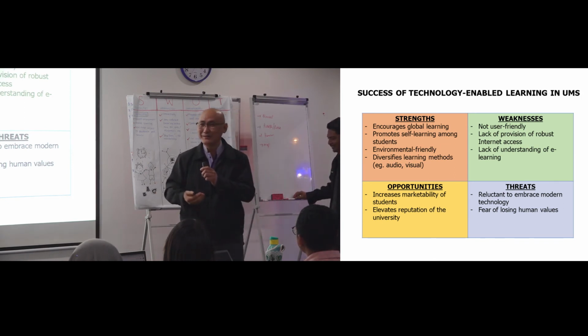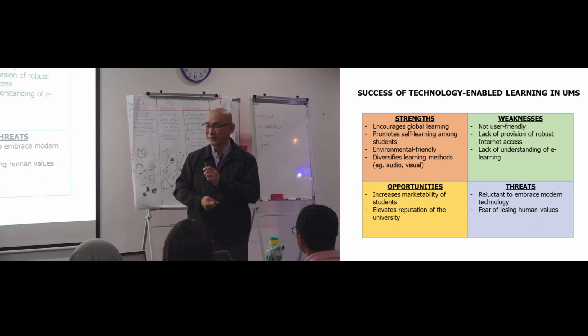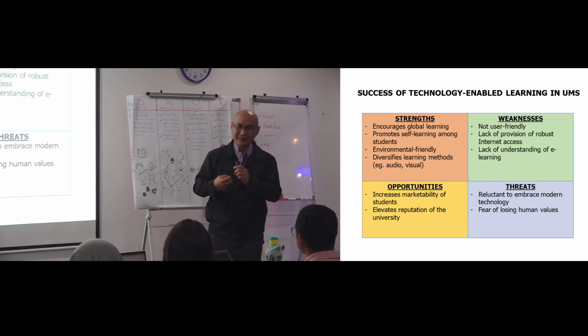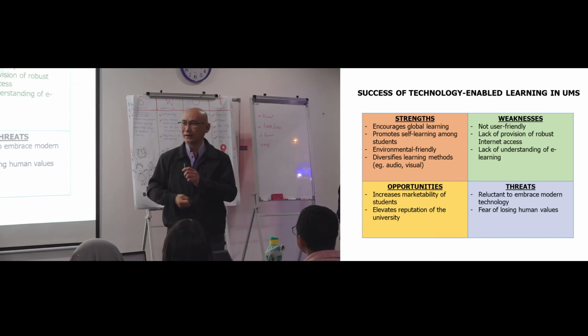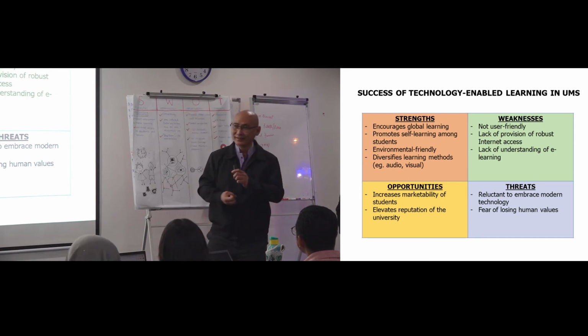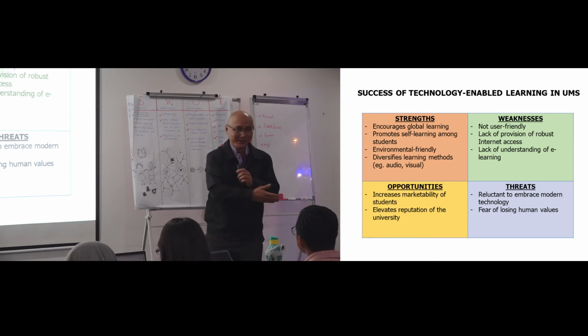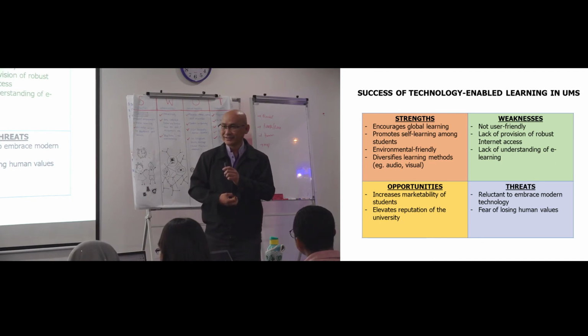So we need to look for the management, for UMS, we need to look at our niche, our specialty. Then only we can. We do not need to compete with others anymore because we have our own niche. That's the second point.